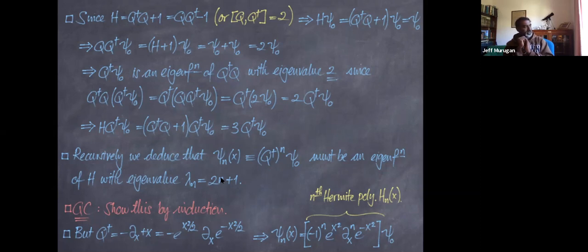Second order differential operators are rife in mathematical physics. The wave equation, the heat equation are all of the form second order differential operator. Schrodinger's equation is effectively what we're working with here. All second order differential operators.